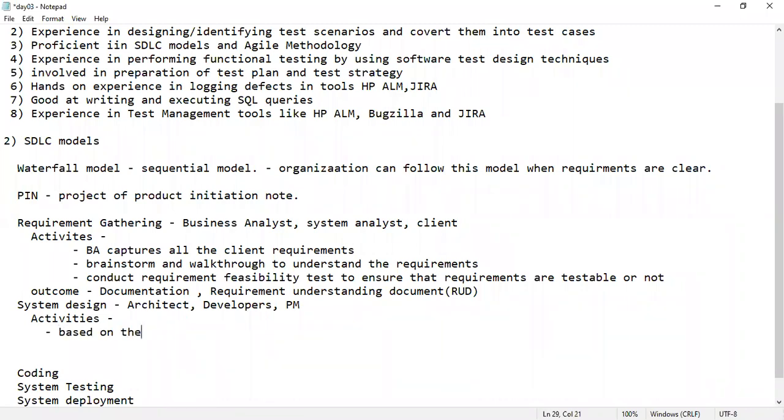Based on the requirements, the outcome of each phase is input to the next phase. Here the outcome is the requirement understanding document. This document is the input to the system design. So based on this requirement document, what are we going to do? Create the design document.